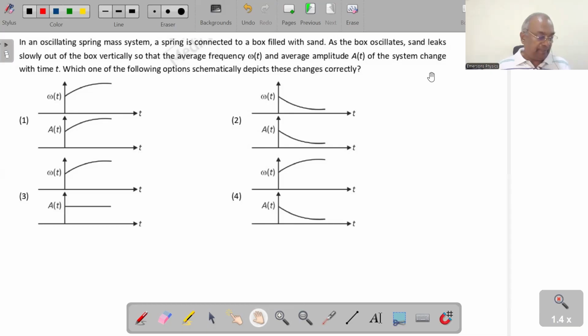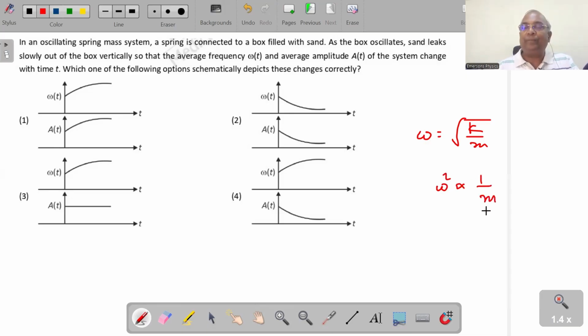First, we wanted to find out the relation between omega or frequency and mass. நமக்கு ஃபார்முலா தெரியும் SHMல omega equal root of k by m. அப்போ omega squared is inversely proportional to m. அப்போ m decreases, that mass is leaking down. இந்த சம்ம என்ன சொல்லுது, ஒரு பாக்ஸ் இருக்கு, இதுல மாஸ் கொஞ்சம் கொஞ்சமா குறையுது. மாஸ் ரெடியூஸ் ஆச்சுன்னா angular frequency will increase. So inversely proportional.